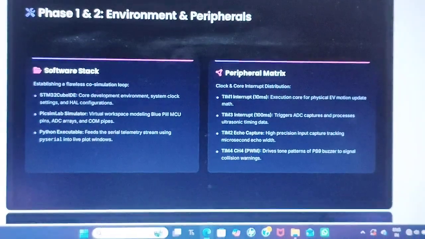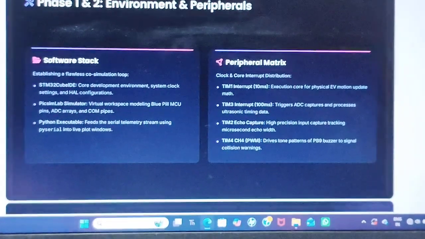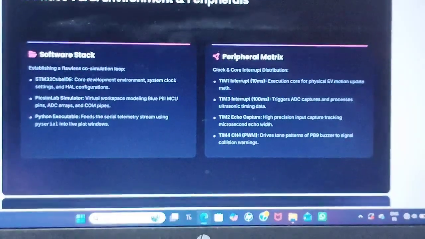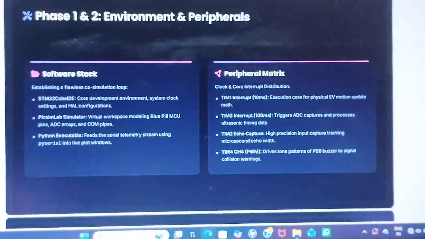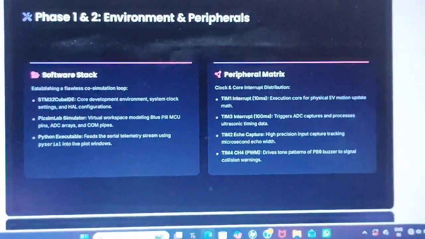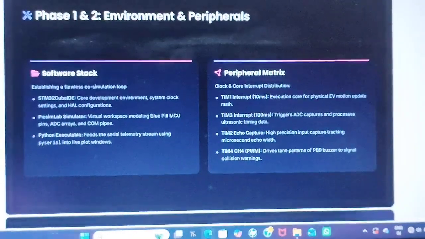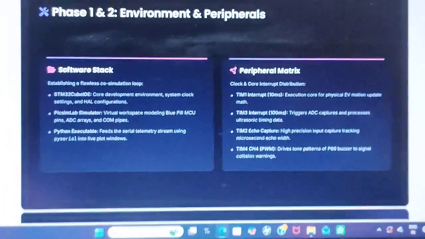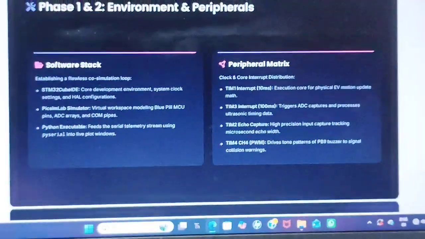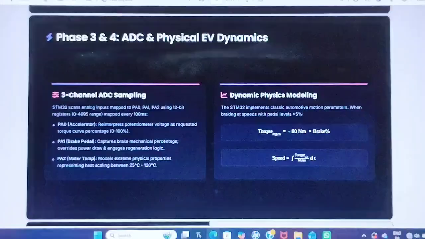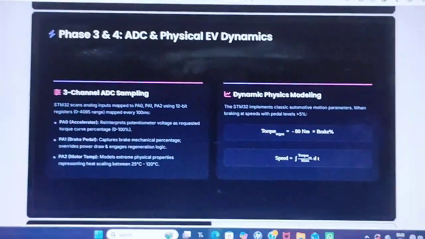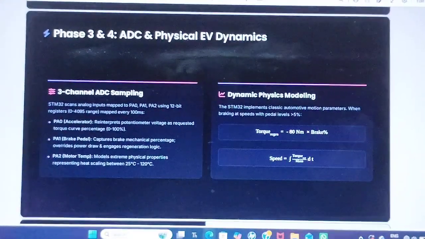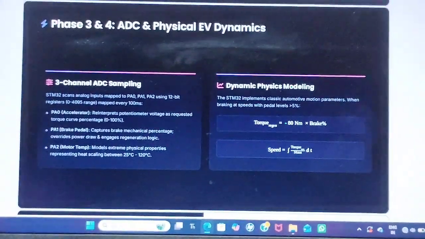PICSimLab simulator is a virtual workspace modeling the Blue Pill MCU pins, ADC arrays, and COM pipes. And the Python executable feeds the serial telemetry stream into live plot windows.